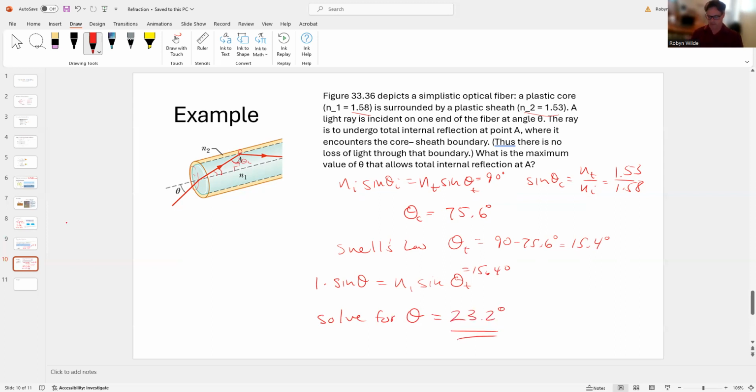Any bigger angle than that is going to give me not total internal reflection. This is just an example of using Snell's law in both the case of total internal reflection at the core-sheath boundary, as well as Snell's law in general. So you'll see problems of both of these in the homework.